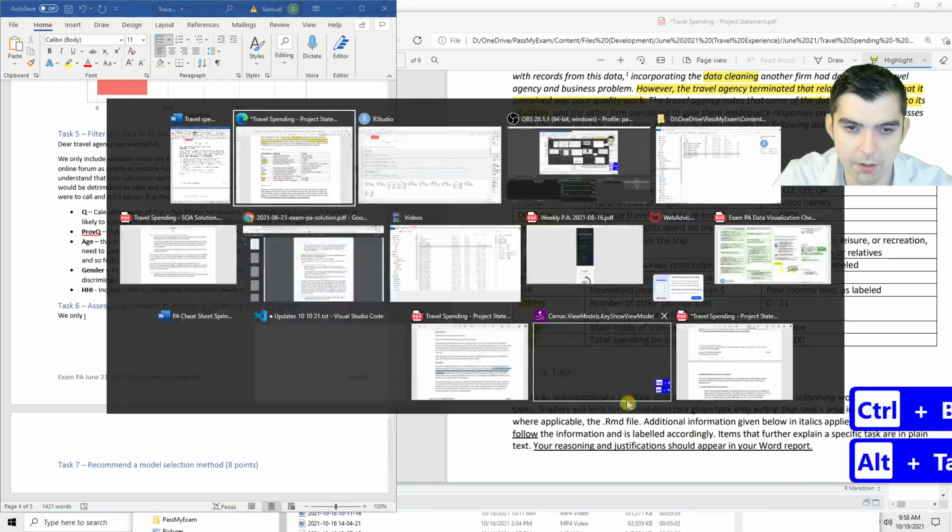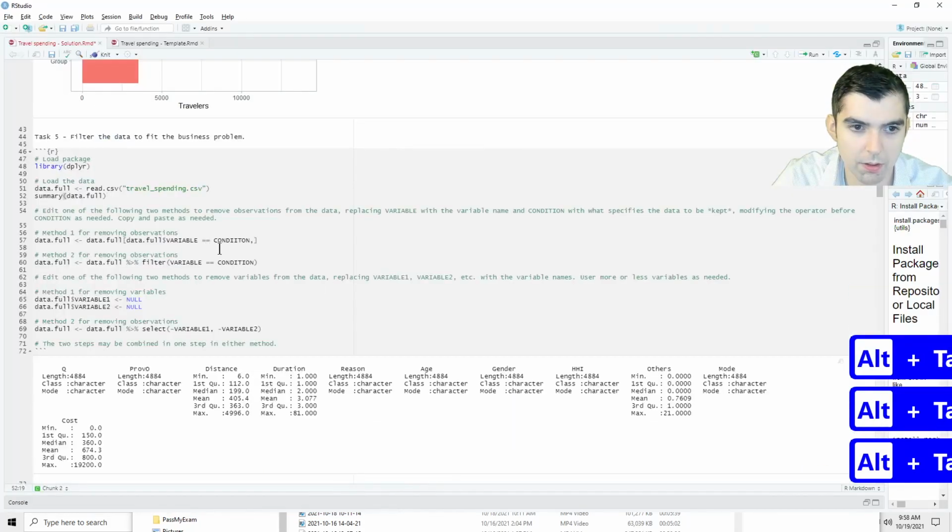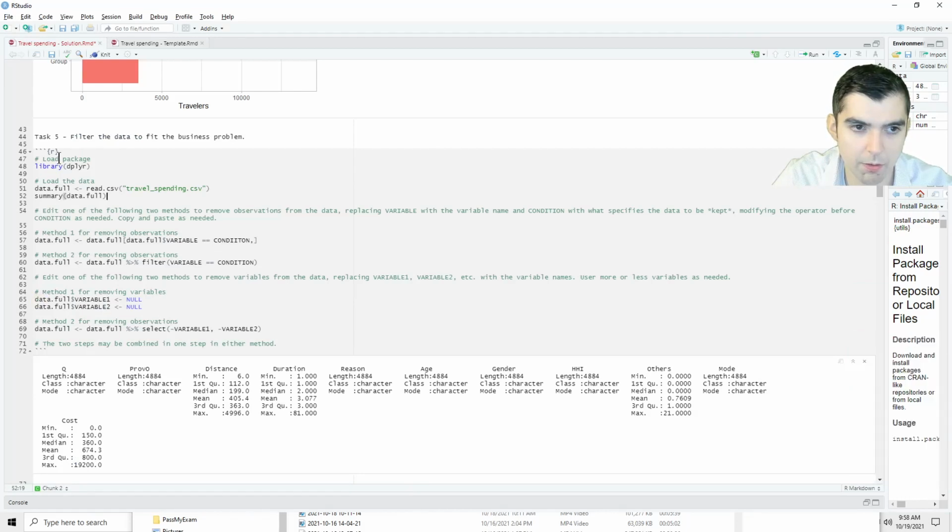So in the data, they give you this code and they give you these comments. They say, here's how you load the data. Edit one of the following two methods to remove observations from the data, replacing the variable with the one variable condition. Okay, removing observations.